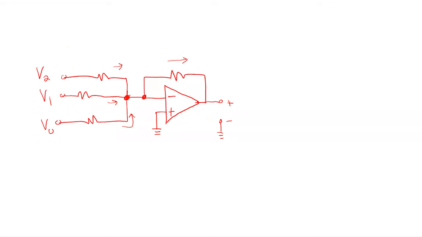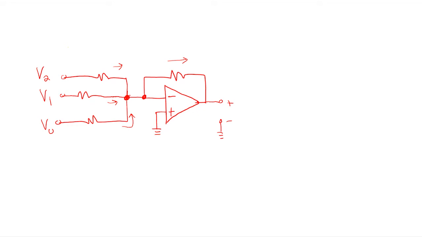Nodal will be perfectly fine for this guy. Now this becomes what we call a summing amplifier, and it's the name that we sometimes give to this guy. Basically, if you do this right, and all of these resistors have the right value, the output could be minus V2, minus V1, minus V0.